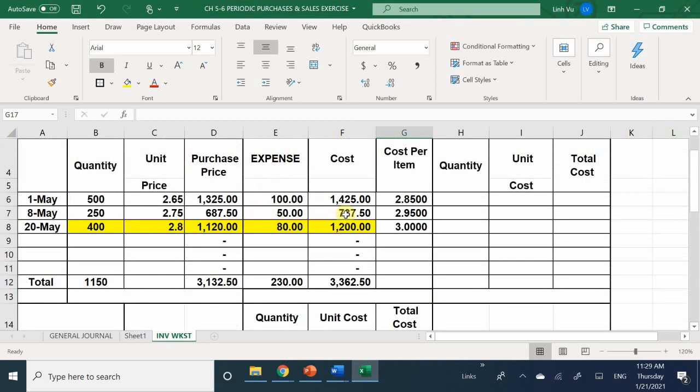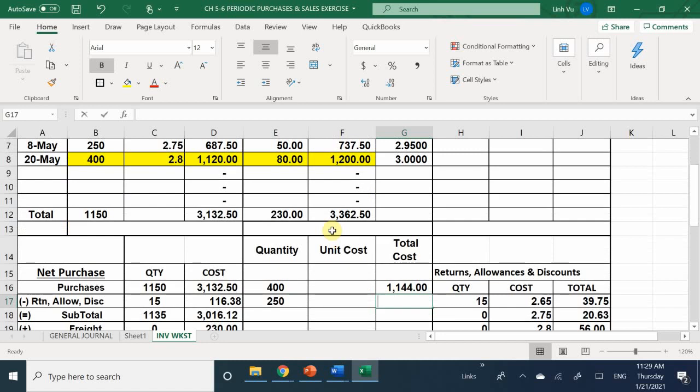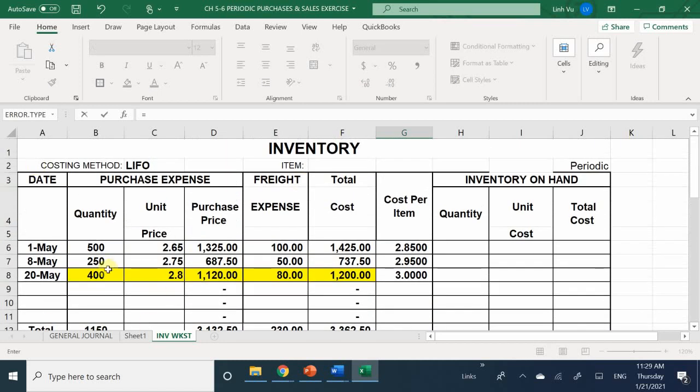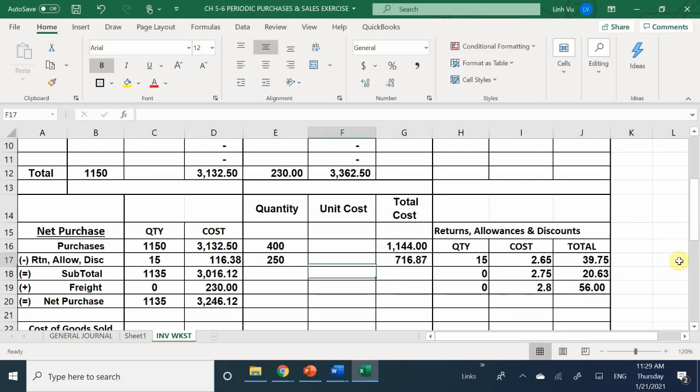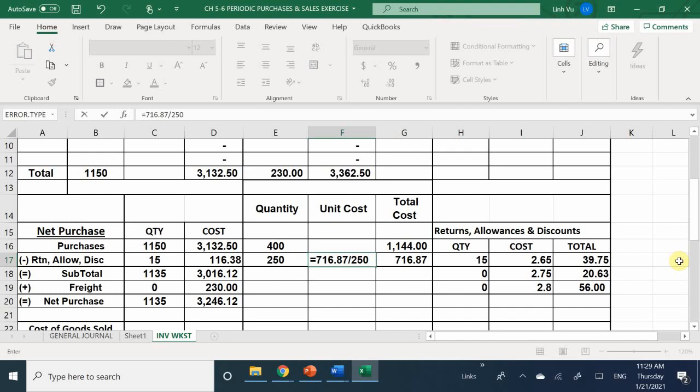So if it cost me a grand total of $737.50, and I end up getting the 15% discount of $20.63, then my grand total should now be $716.87, and I'm going to divide that by my total quantity of 250 to give me my cost per item.